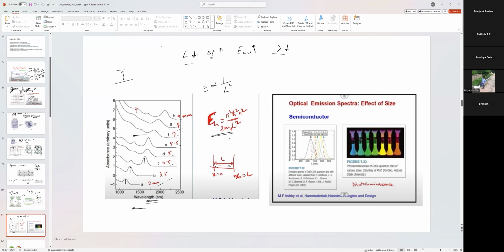If it's moving this way, blue shift. And if it was moving that way, red shift. Red has lower frequency, so this way is red, this way blue.